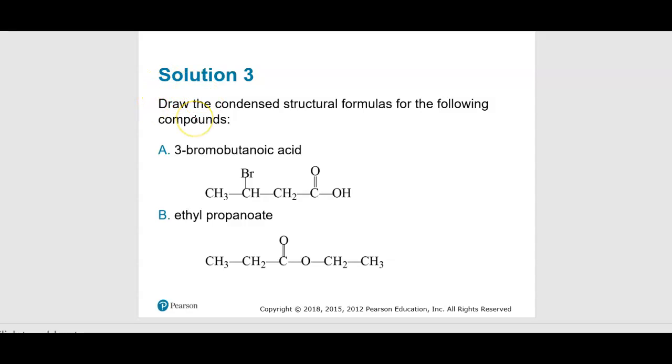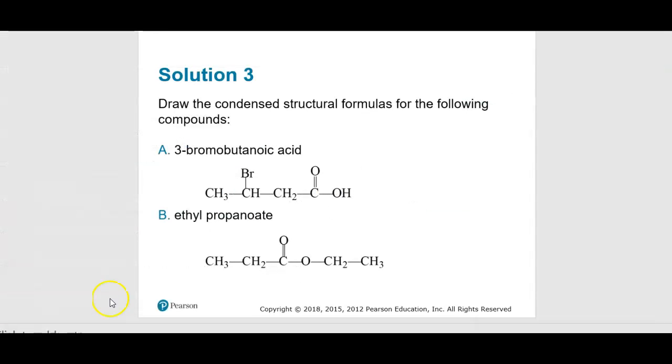We're not going to worry about that. That would just be confusing it too much. So that's section 14.3, esters. So far this has been fairly straightforward, and hopefully it'll stay that way. So we're going to move on now to section 14.5, which I believe is amines.